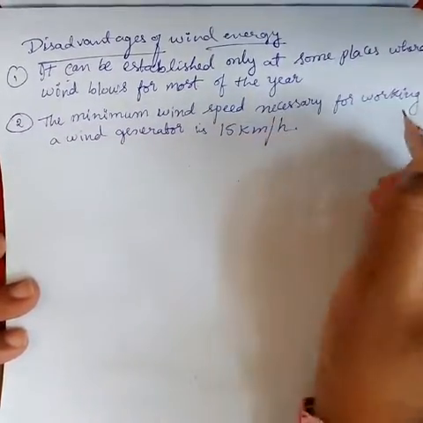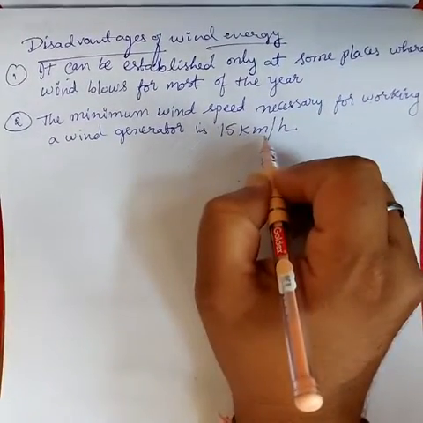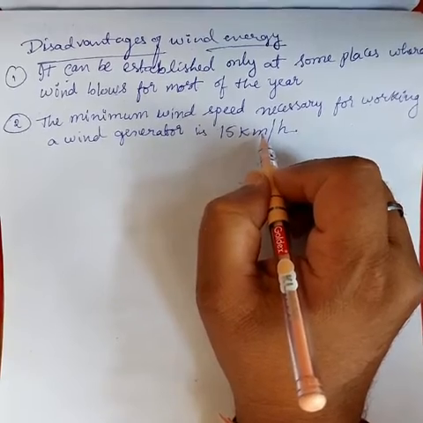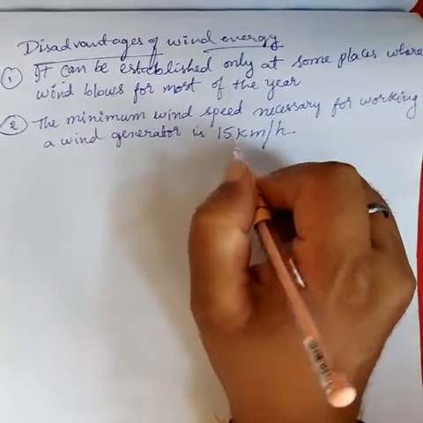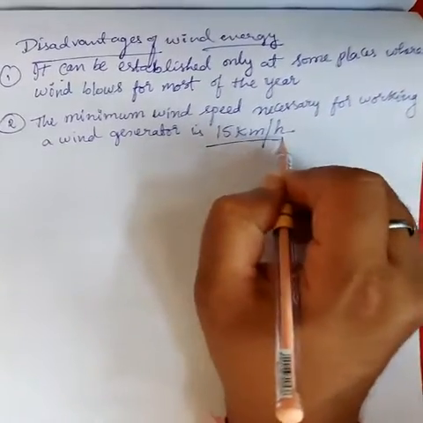Not less than this. If the wind speed is less than this, then the windmill does not work. Minimum speed is 15 kilometer per hour.